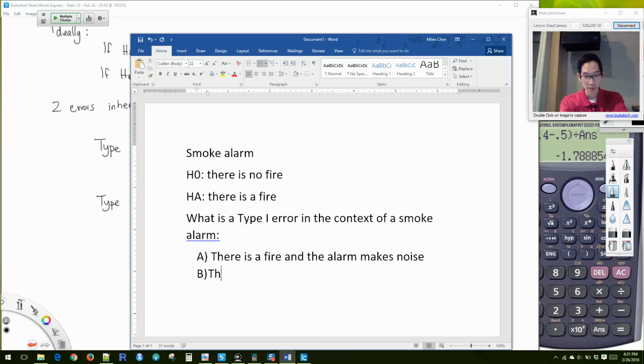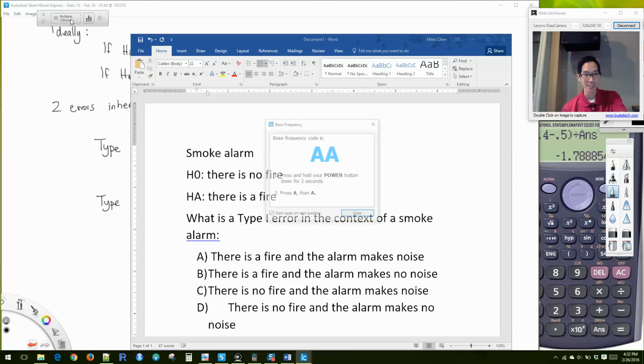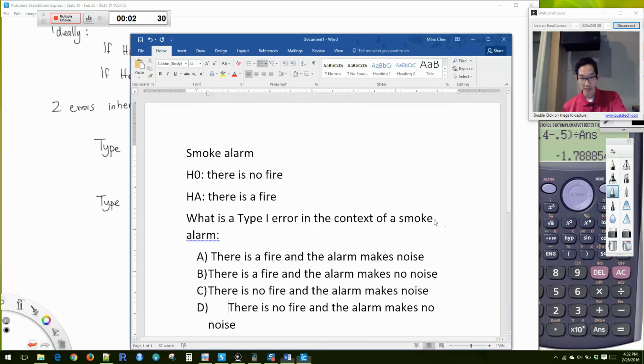B: there is a fire and the alarm makes no noise. C: there is no fire and the alarm makes noise, and D: there is no fire and the alarm makes no noise. So these are your choices. Okay, which one is a type 1 error here?